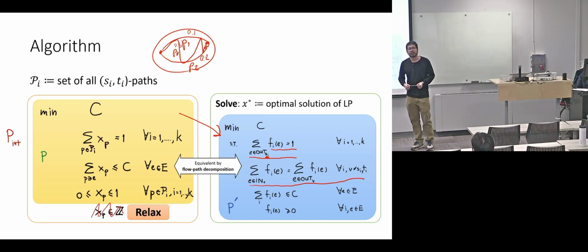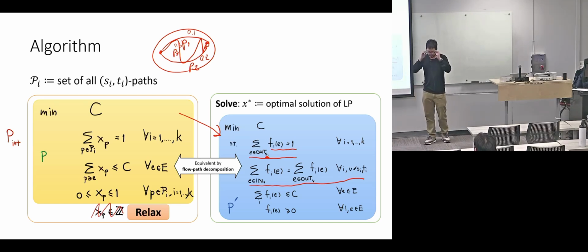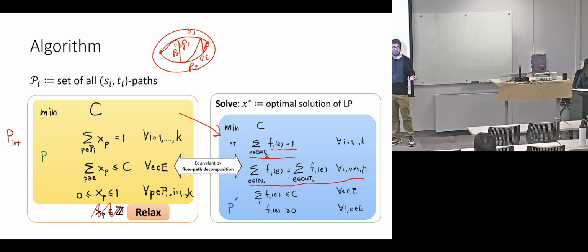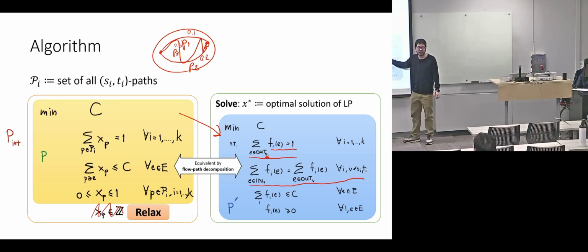It means that the two formulations must have, first of all, the same optimal value, because you can convert the two solutions to each other. So if I want to solve this problem optimally, it's enough to solve this problem optimally and then get the optimal solution there.